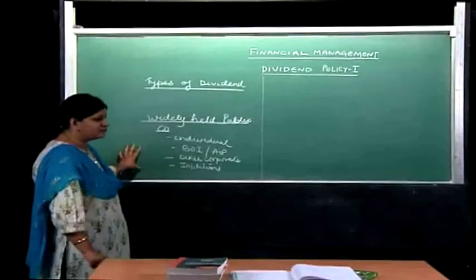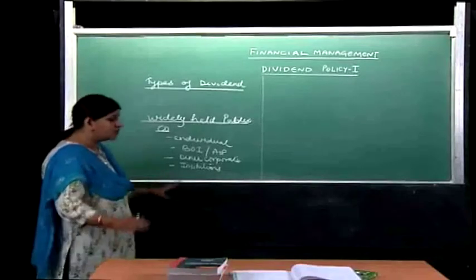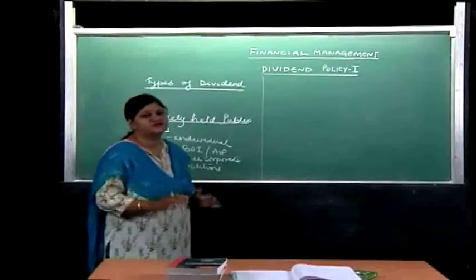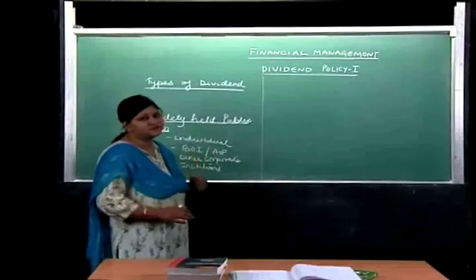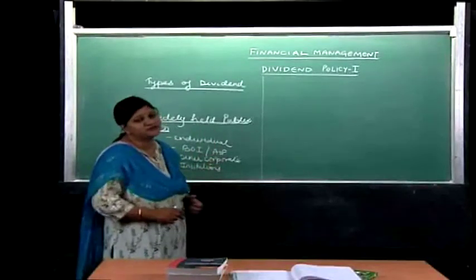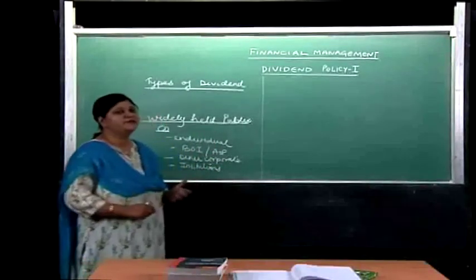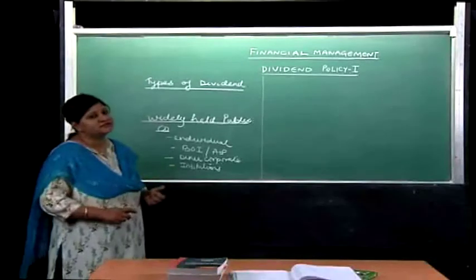They have subscribed to the shares of the company. So, the shareholding is not restricted to the minimum set of people as in the case of the closely held company, but they are being subscribed by general public at large.